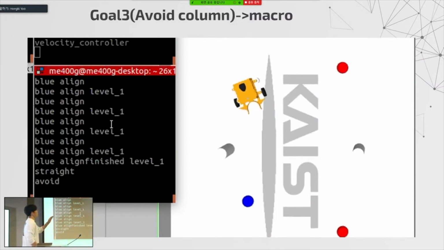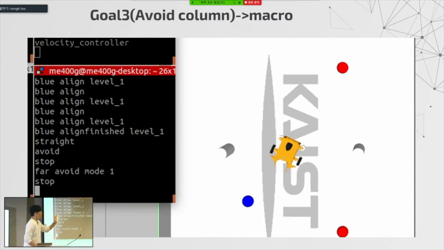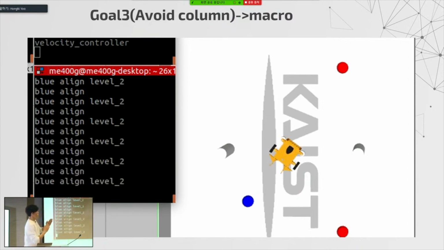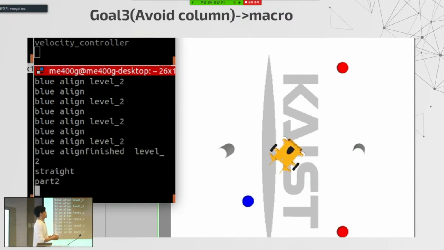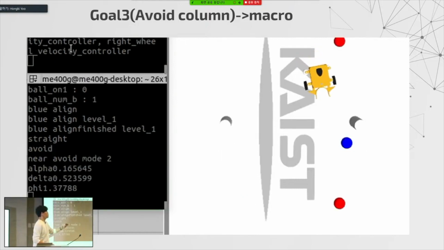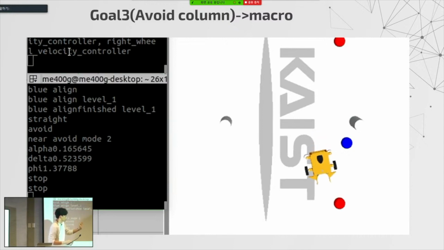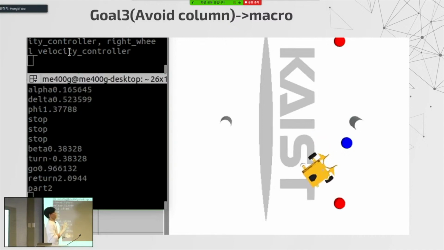When the column is detected, the robot turns, goes straight, and turns again while it aligns to the blue ball. So turning, going straight, and turning again is one macro. But we thought of some hard cases: when the blue ball and the column are near enough, the robot goes behind the column and collects the blue ball vertically.